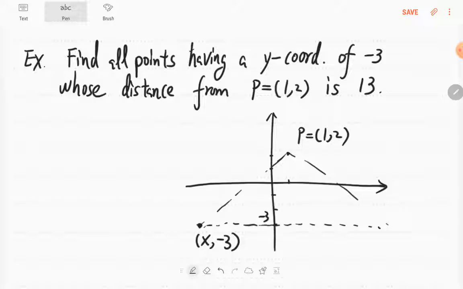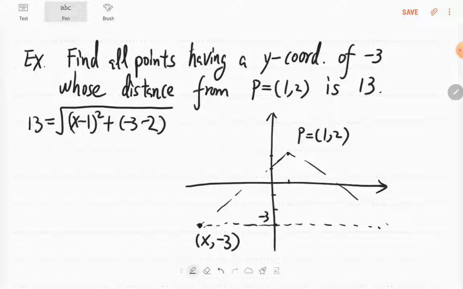So make the distance between the 2 points equal 13. How to calculate? It's equal to the square root of (x minus 1) squared, plus (-3 minus 2) squared. So if we square both sides, this is (x minus 1) squared plus 25 equals 169.